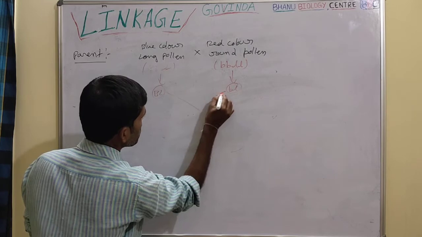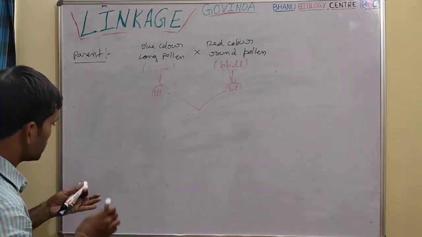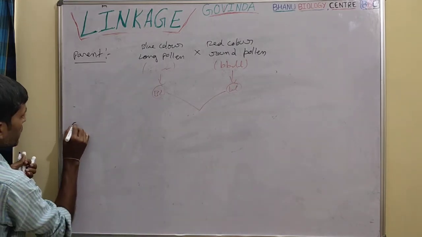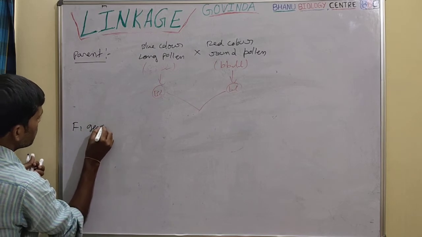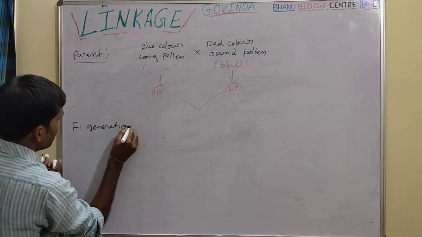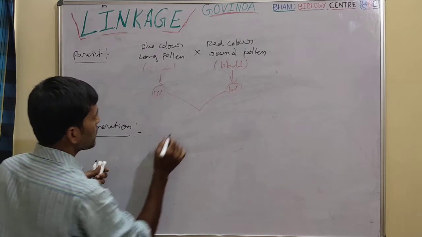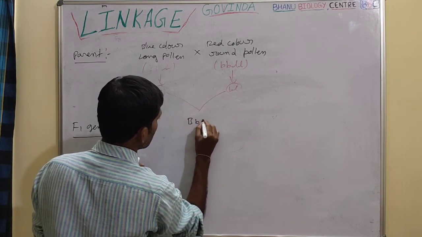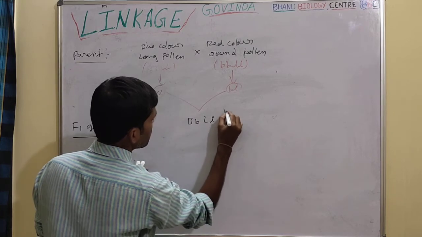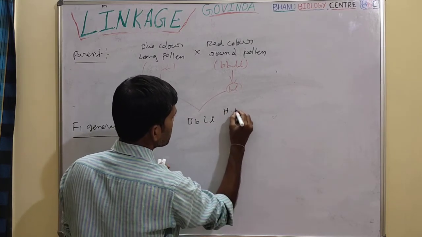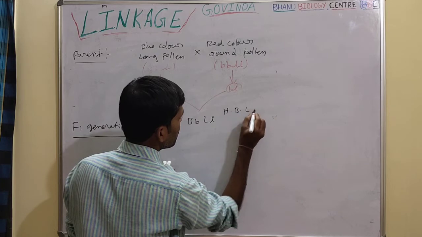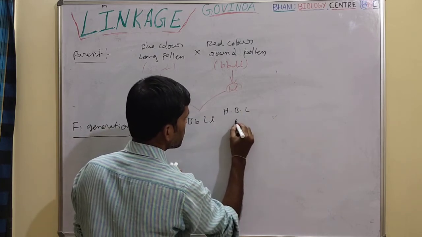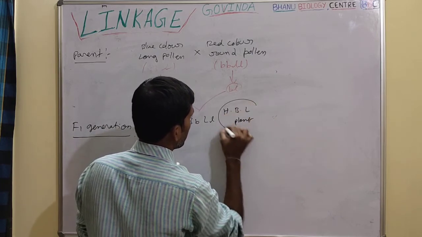So when cross pollination is done, they receive the F1 generation hybrids. They got capital B, small b, capital L, small l. This is the heterozygous blue color, long pollen grains producing plant hybrid.